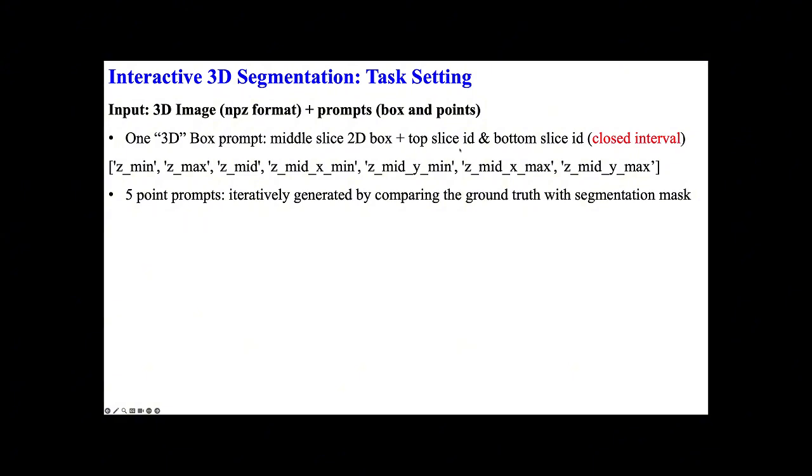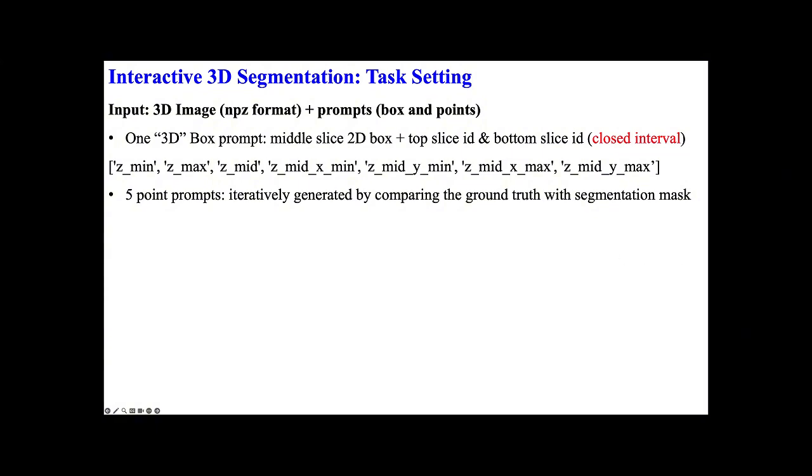Here is a case of the box prompt. The motivation is that users can easily draw a 2D box in various image viewers, such as 3D Slicer, and it is also easier to specify the top slice and the bottom slice of the target. However, it is not that user-friendly to directly draw a 3D bounding box.